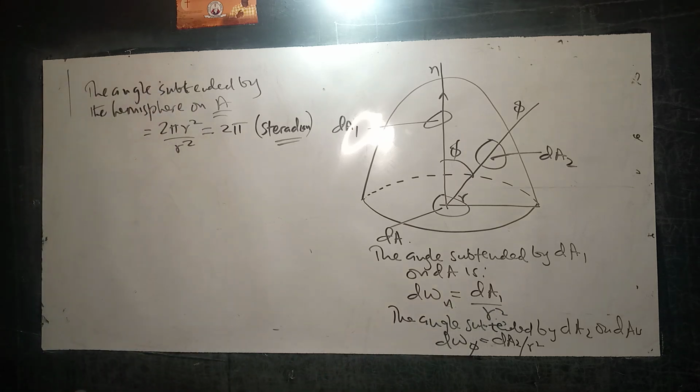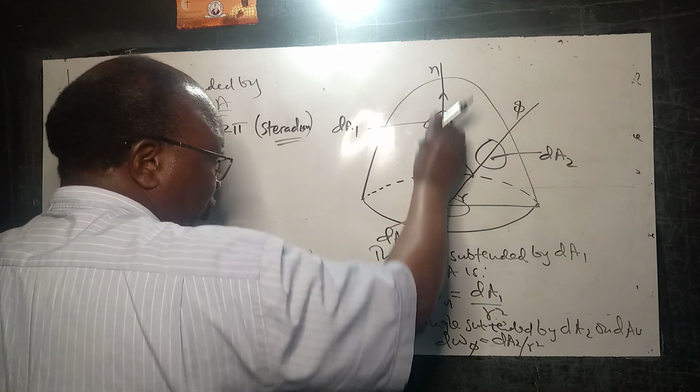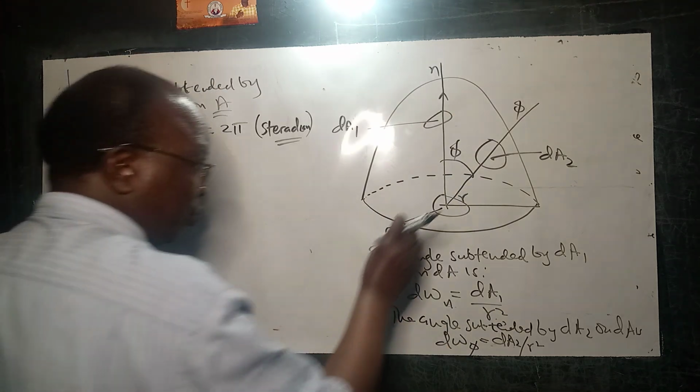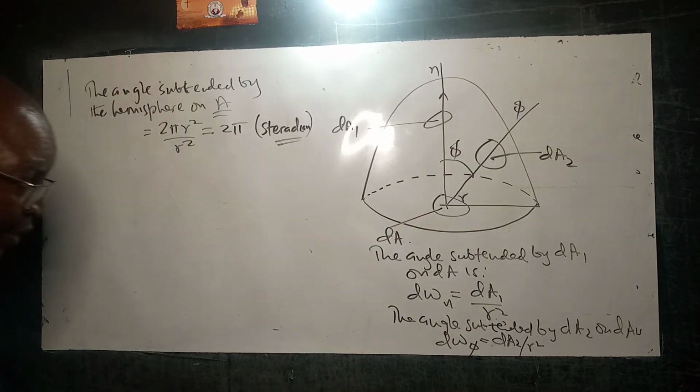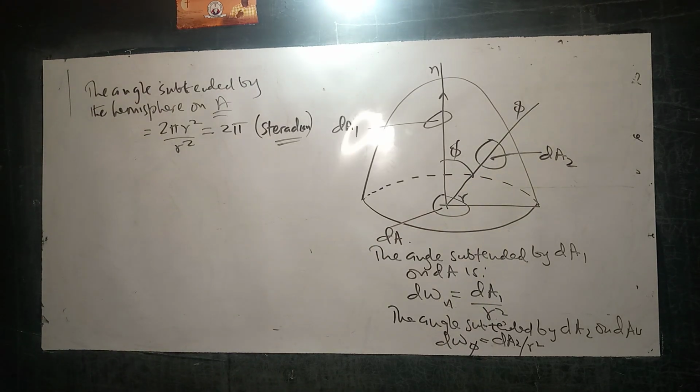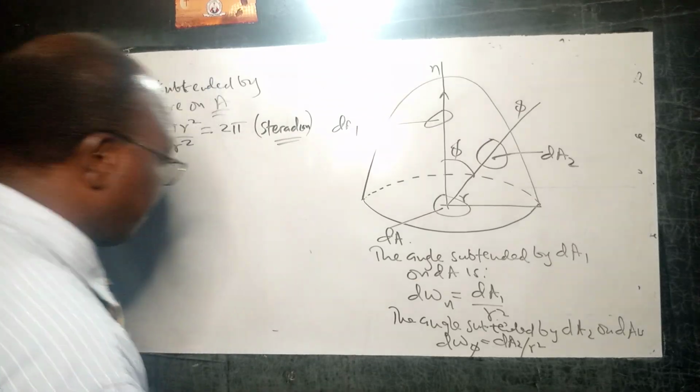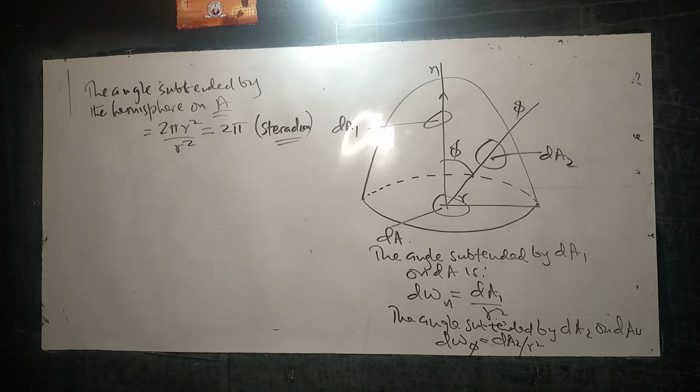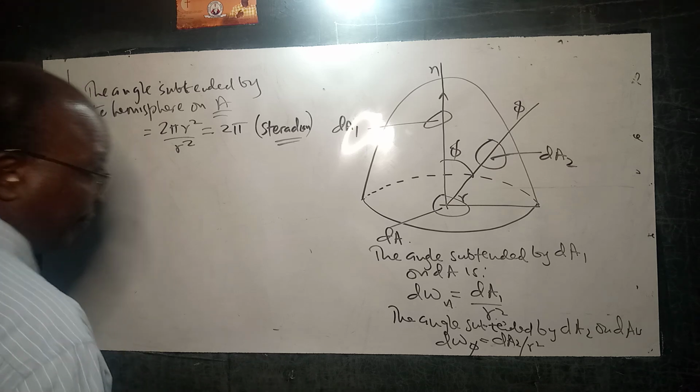Now, the rate of energy which flows through dA1 and dA2 is based on Fourier's law. The framework is Fourier's law.